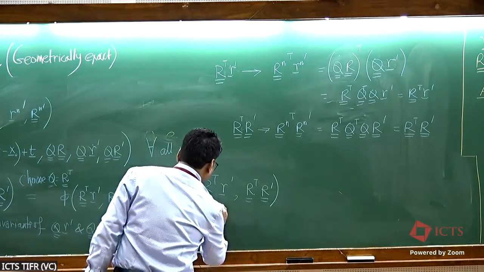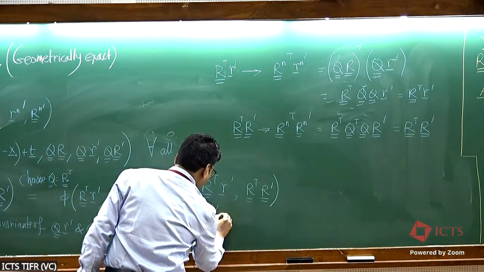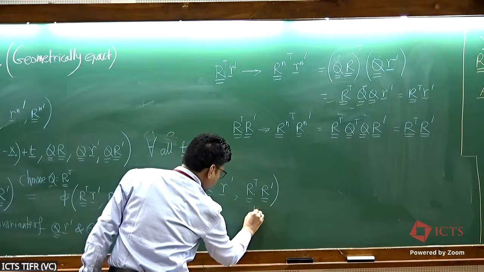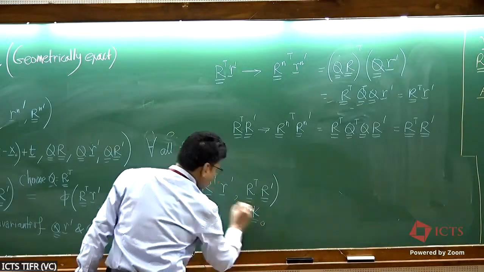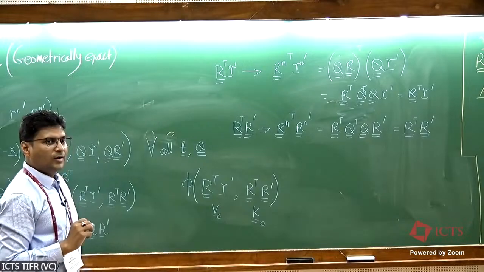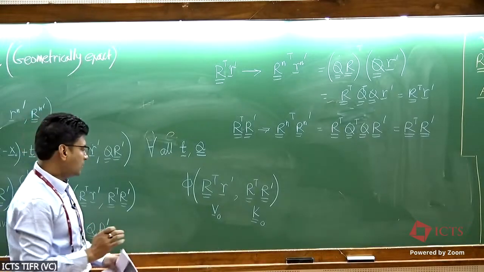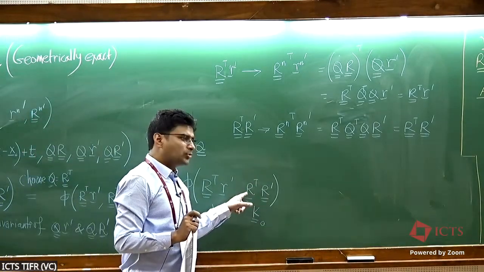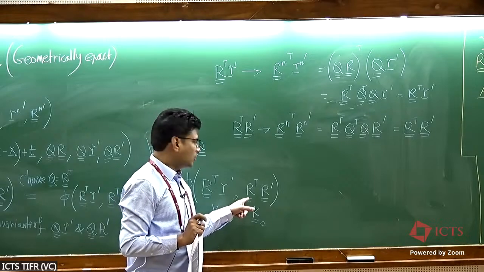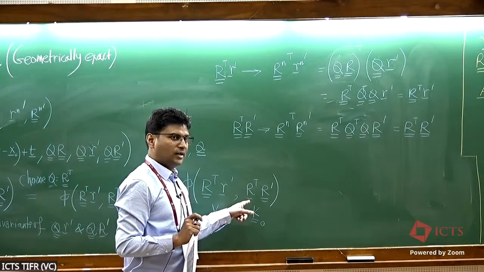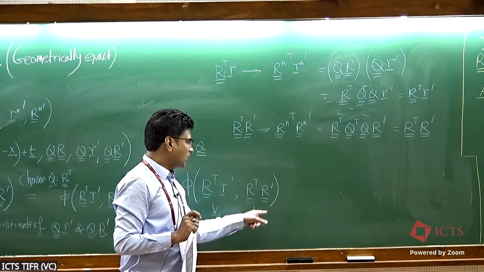Let's call this V naught and call this K naught. Okay. You see, this is because big R is an orthonormal tensor. This is going to give you a skew symmetric tensor.